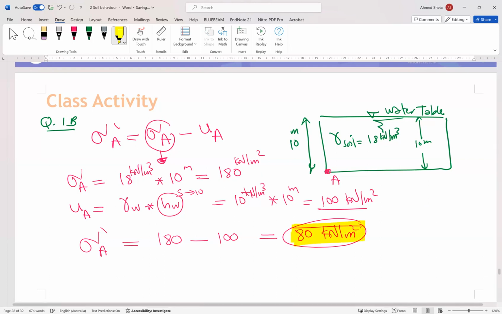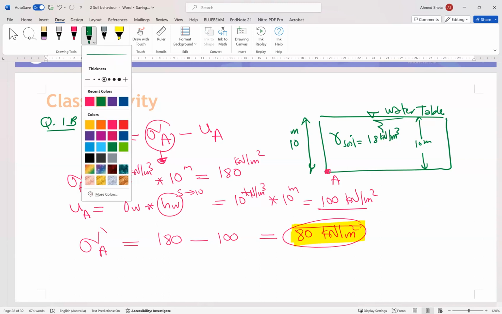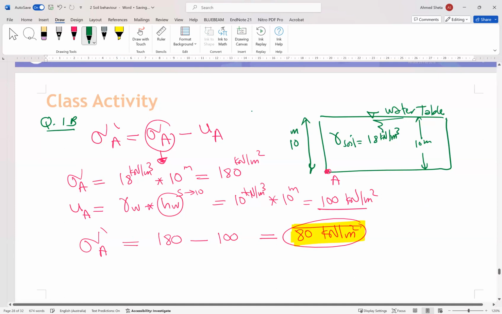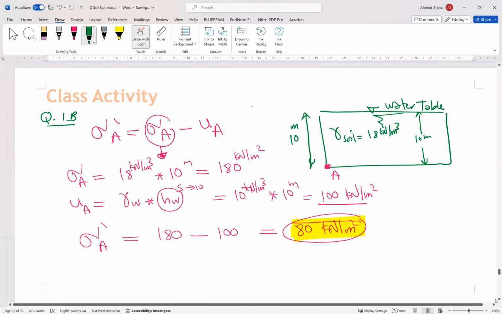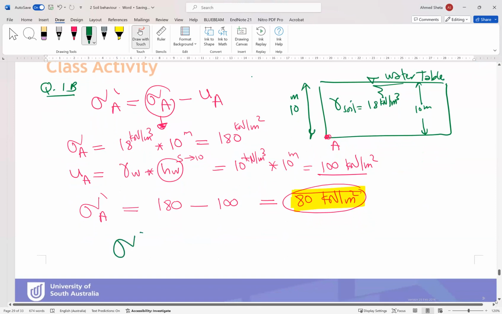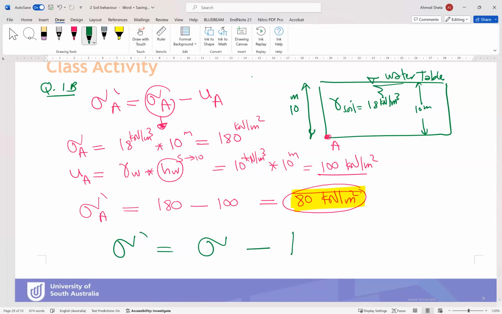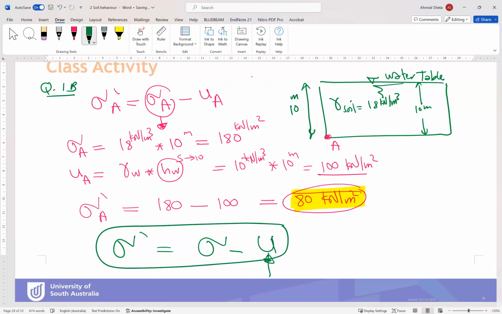So this is the effective stress at A, and we can use this example to prove something we mentioned last week in the lecture, based on our equation, sigma effective equals sigma minus U. When the water pressure increased from 5 meters to 10 meters, what happened to the effective stress sigma dash?